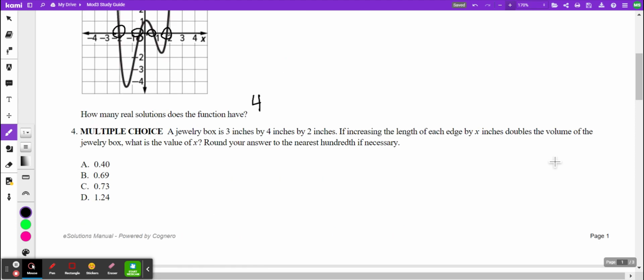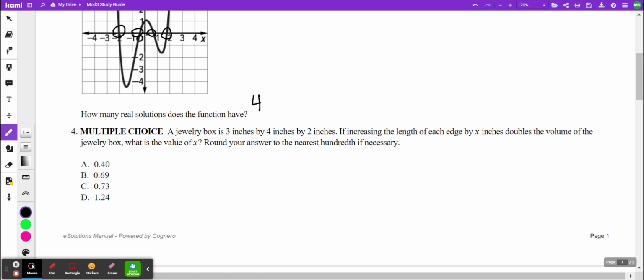So a jewelry box is going to be made, and they want to increase it. So they're asking, what can we do? All right, so what we're going to do is basically have to solve for it. So I'm going to hold up for a second.